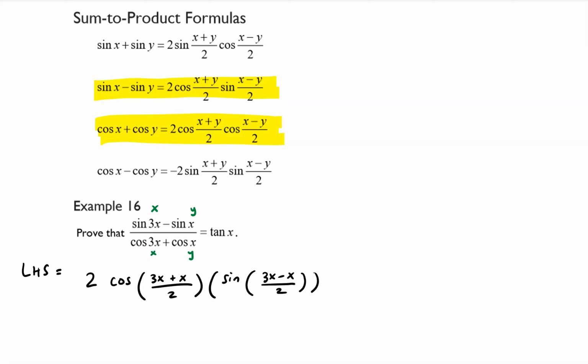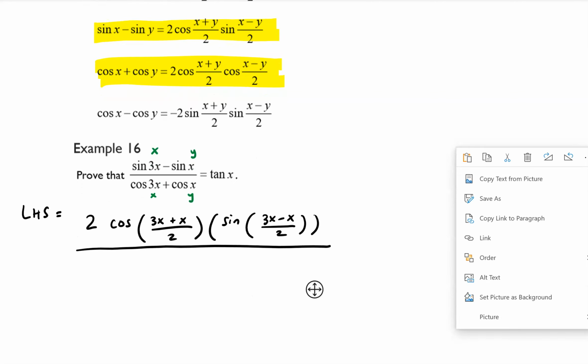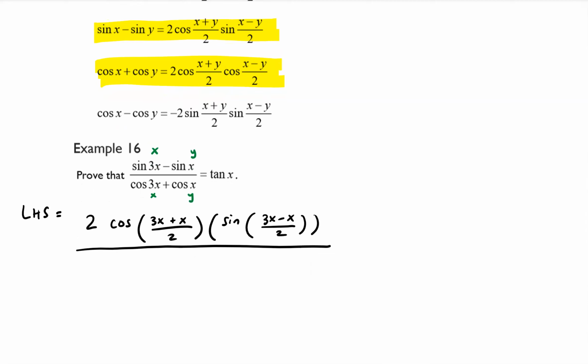And that completes the numerator. And then for the denominator, I can rewrite this as 2 times cosine of the first angle plus the second angle over 2 times cosine of the first angle minus the second angle over 2.